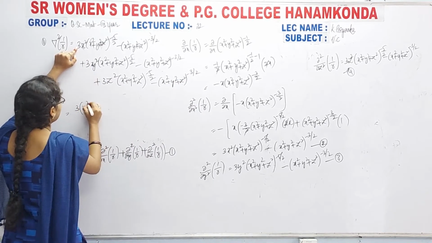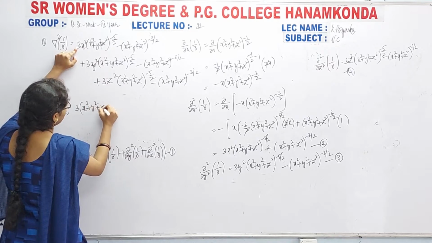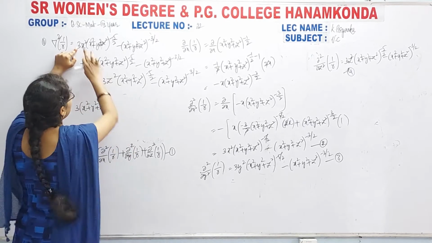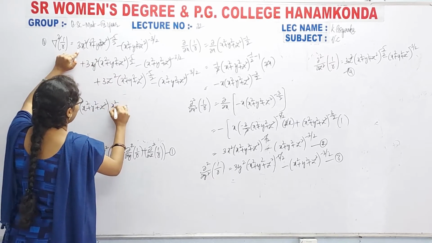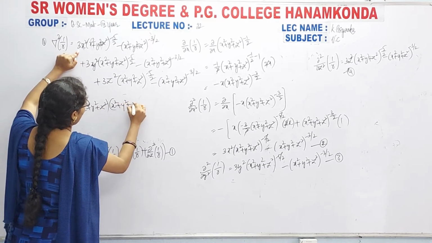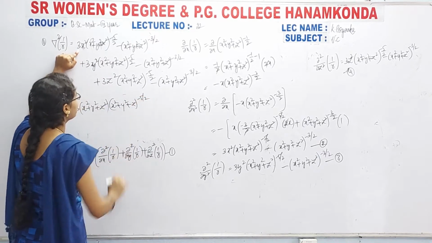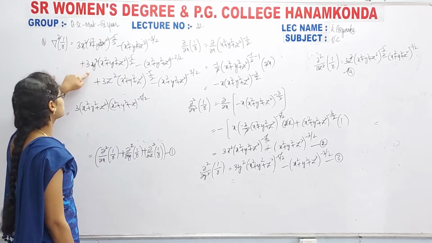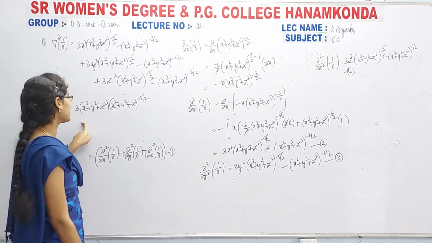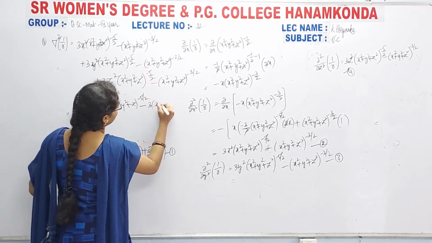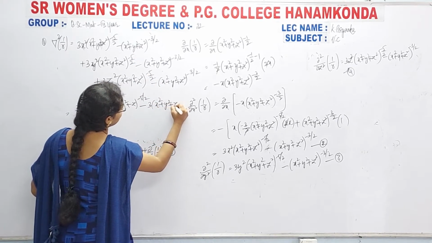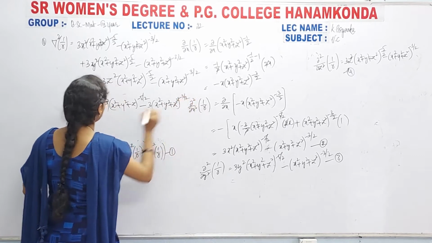From the first 3 terms I am taking 3 of (x square plus y square plus z square) whole to the power of minus 5 by 2 as common. Then I have 3x square plus 3y square plus 3z square, so that is why 3 of this one, minus 3 of (x square plus y square plus z square) whole to the power of minus 3 by 2.